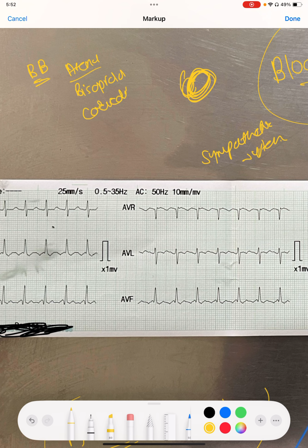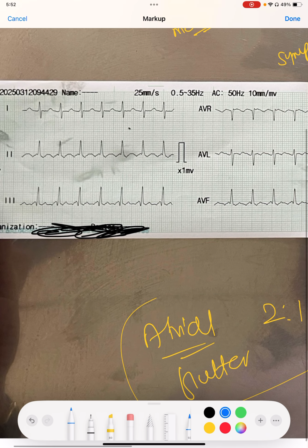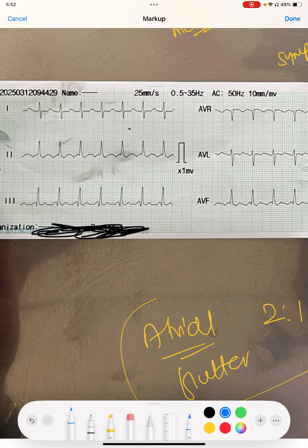These can all be used to reduce the heart rate, to reduce the over excitability of the SA node. In the same way, we can also use other antiarrhythmic drugs like Cordarone or amiodarone.